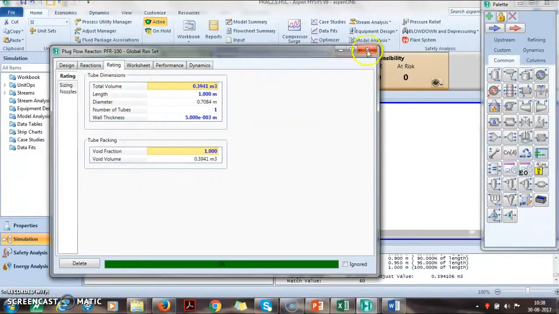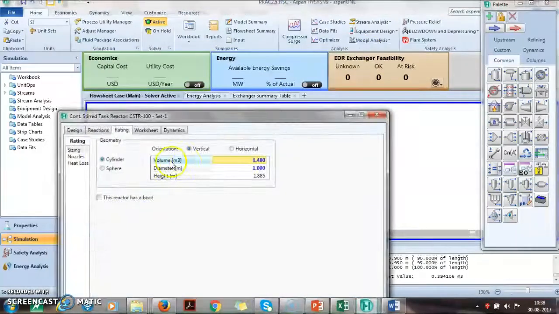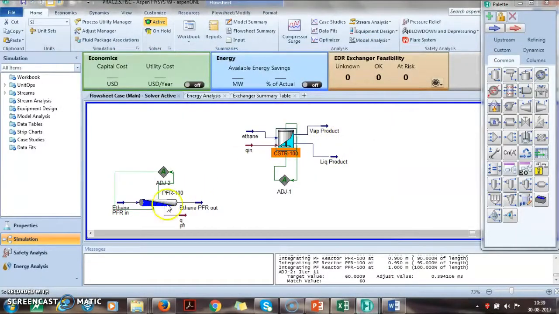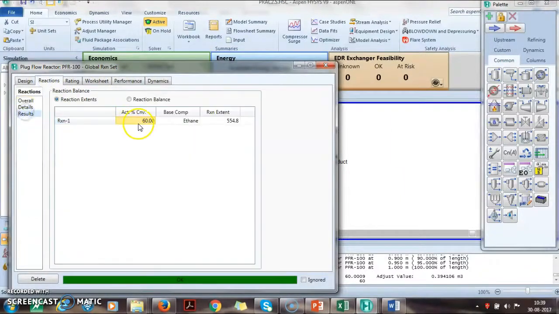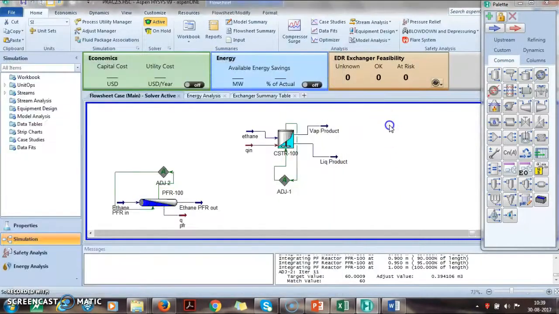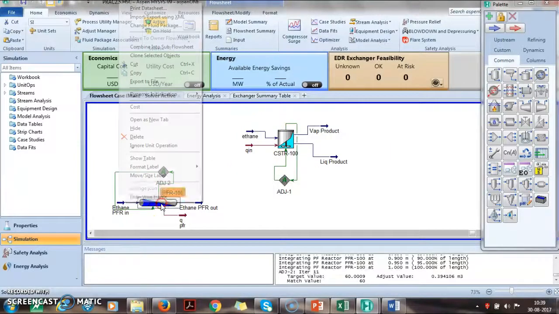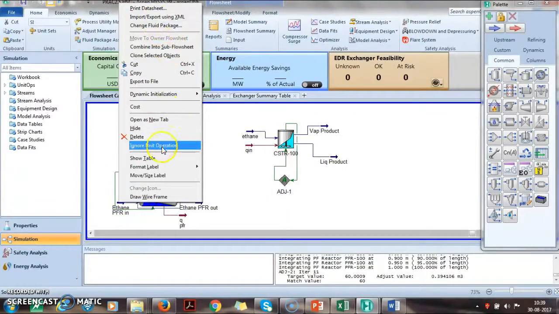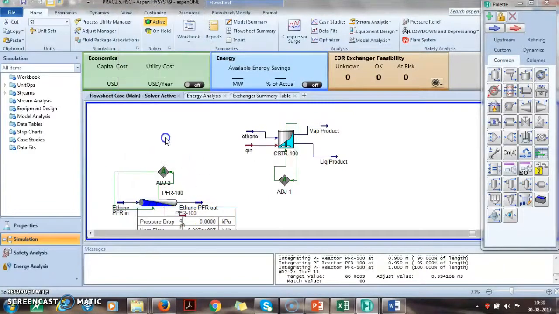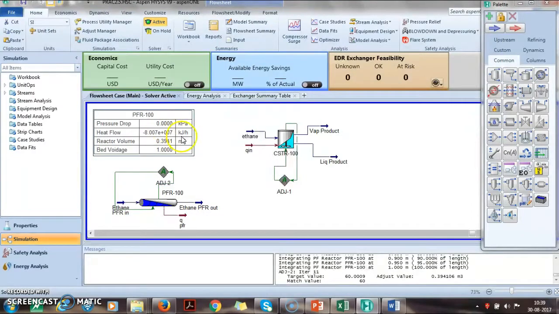it is 0.3941 meter cube, whereas the volume required here is 1.480, and the conversion, if you see here, is 60% exactly. So this also emphasizes that for the same, otherwise same condition, if you compare PFR and CSTR, the volume requirement for the PFR will be lesser than the volume requirement of the CSTR.